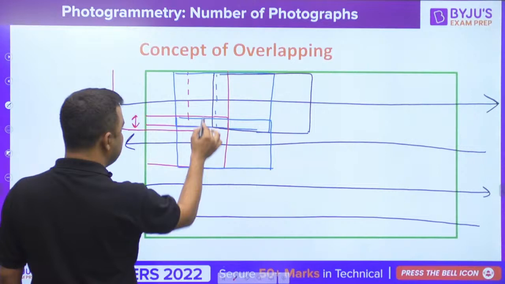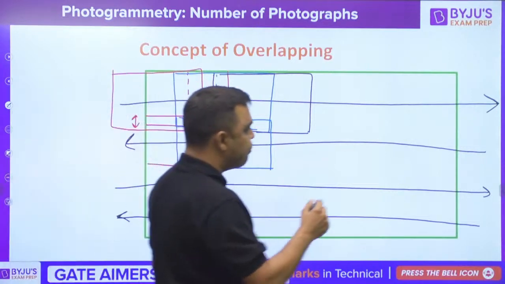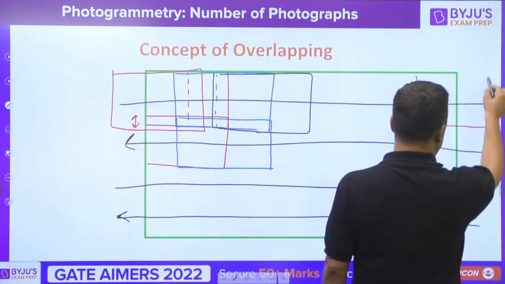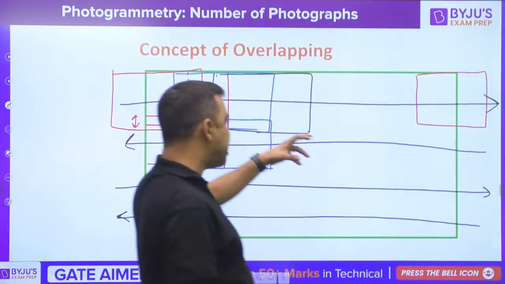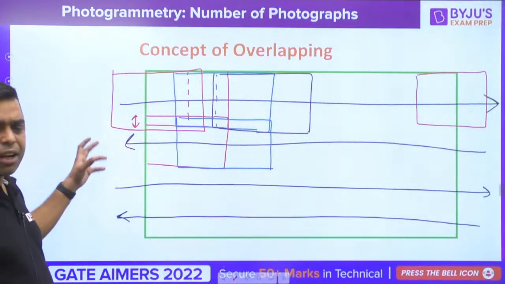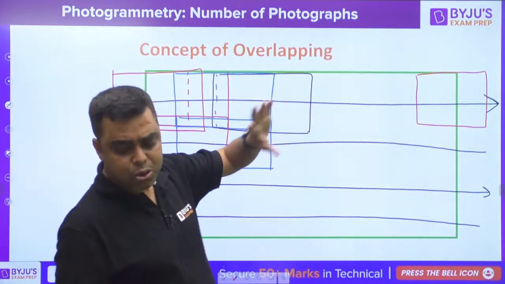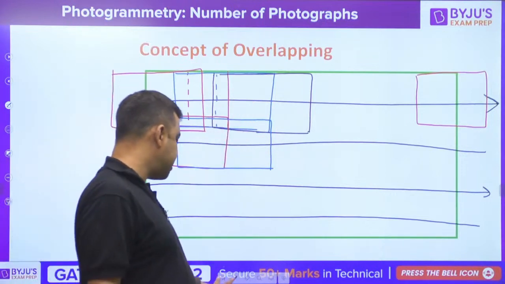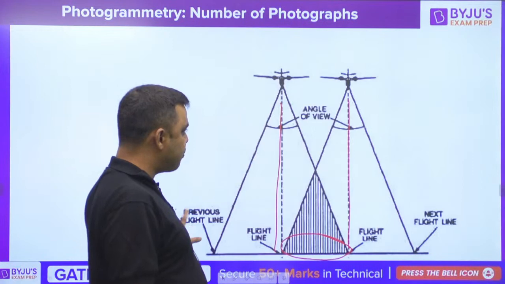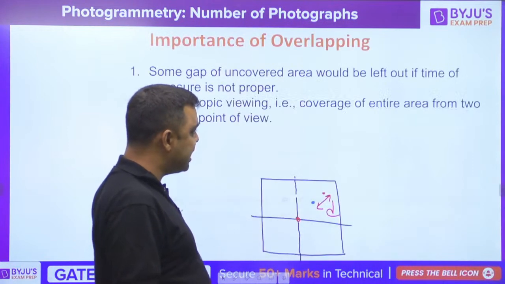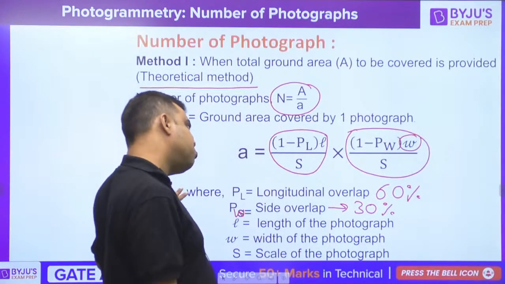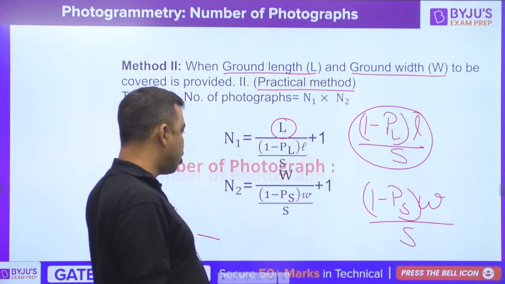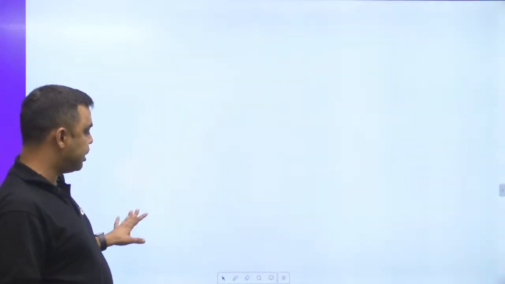Rather, we start a little bit before the area and we finish a little bit after the area. So in total this amounts to one photograph. Let's not get into all those intricacies because that will make the discussion very long.